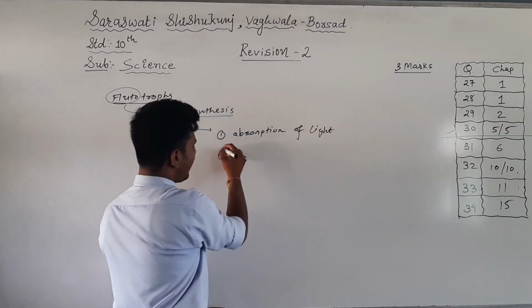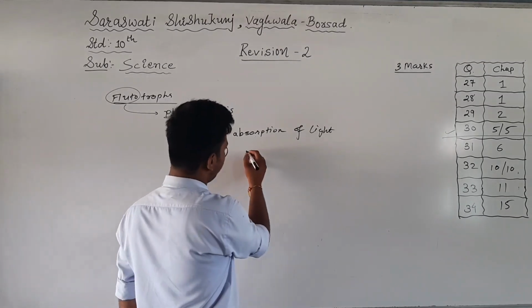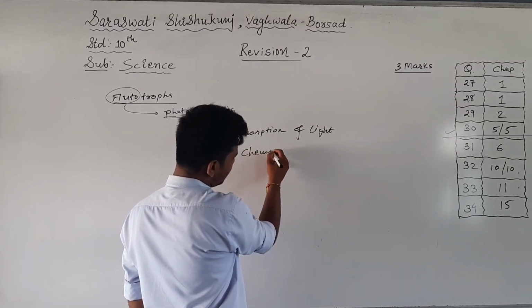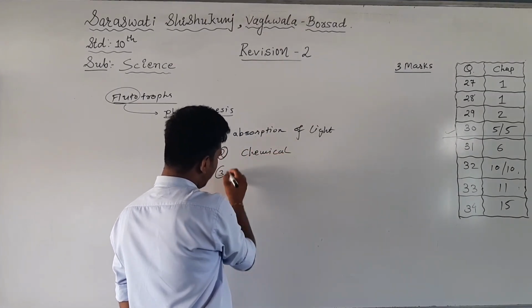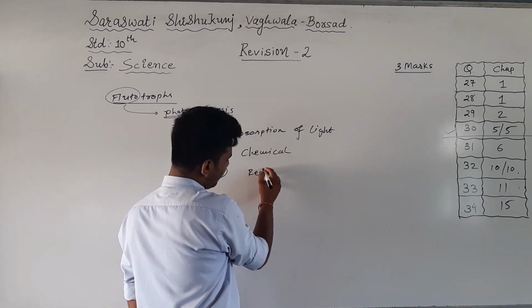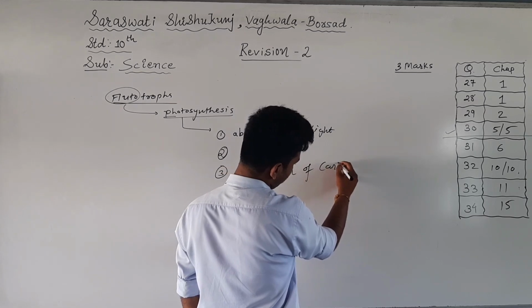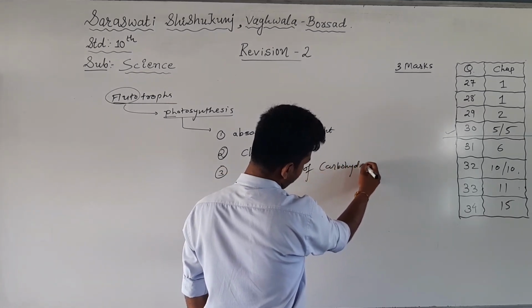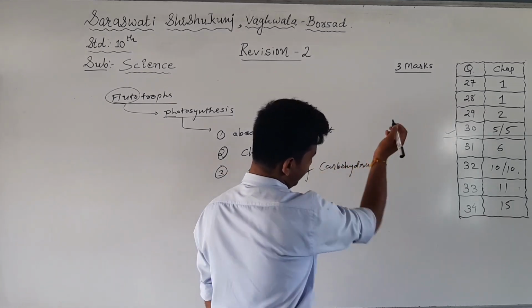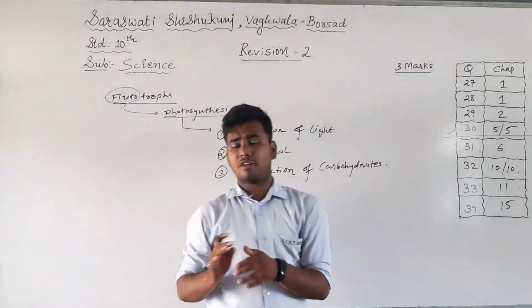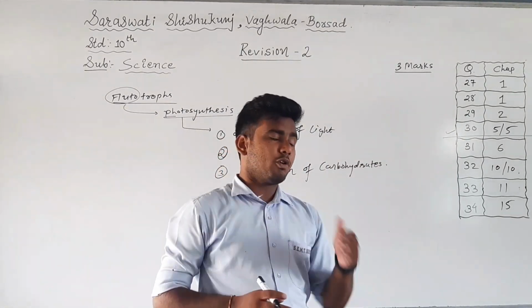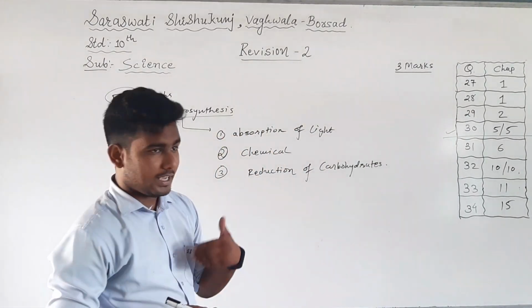The second is that the absorbed light energy is converted into chemical energy. And the third is the reduction of carbon dioxide to carbohydrates. Okay, so in these different steps, the photosynthesis reaction takes place.